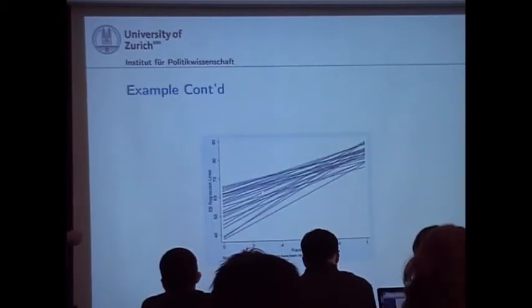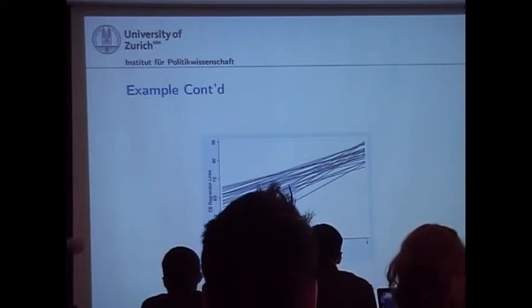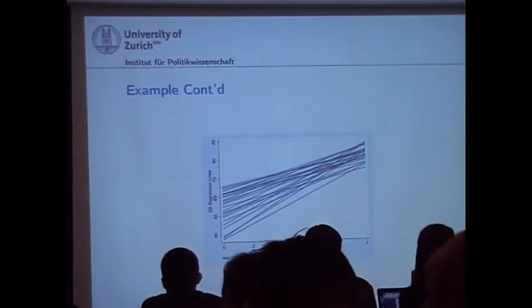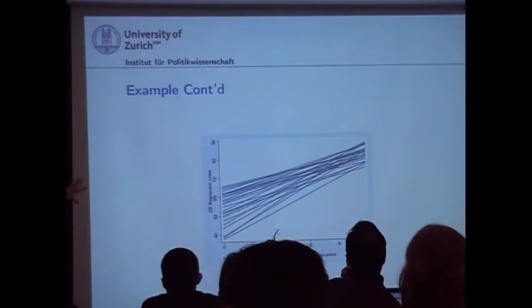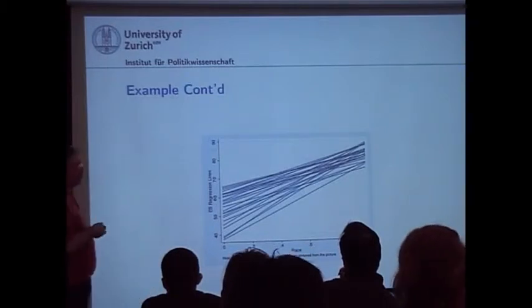Now, I don't know how useful it is to include a picture like this in a paper. With 33 units, or actually it's more like 29 once I drop these cases, you can still sort of make out something.